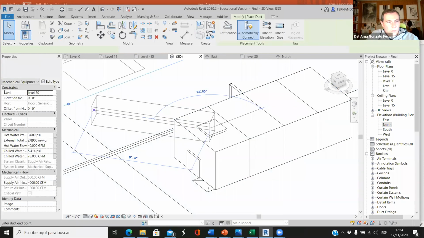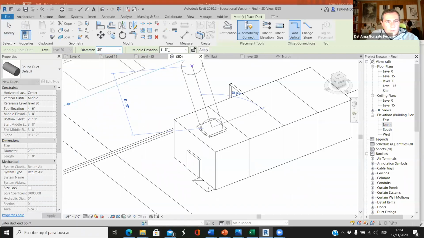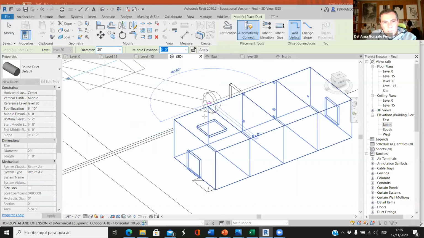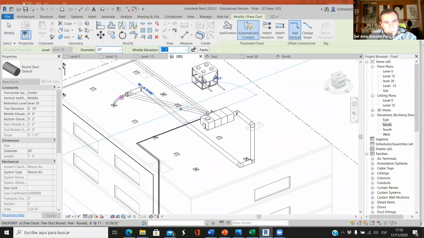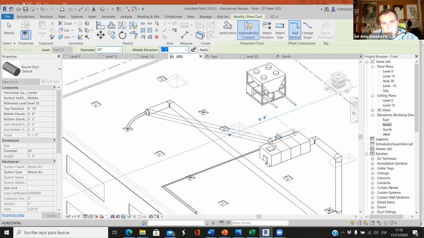Draw duct. Round. Elevation 6. What's going on?